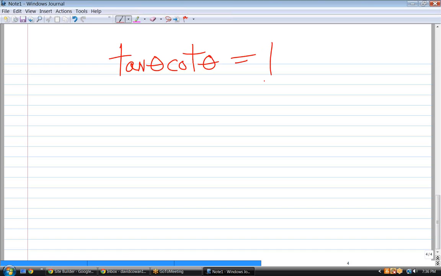Okay, the goal with this is not to use algebra. You can't use algebra on these. What you have to do is make one side look like the other. But you can't do things like divide both sides by tan of theta and stuff like that. This one's relatively straightforward. How are we going to make tan, cotan look like 1?